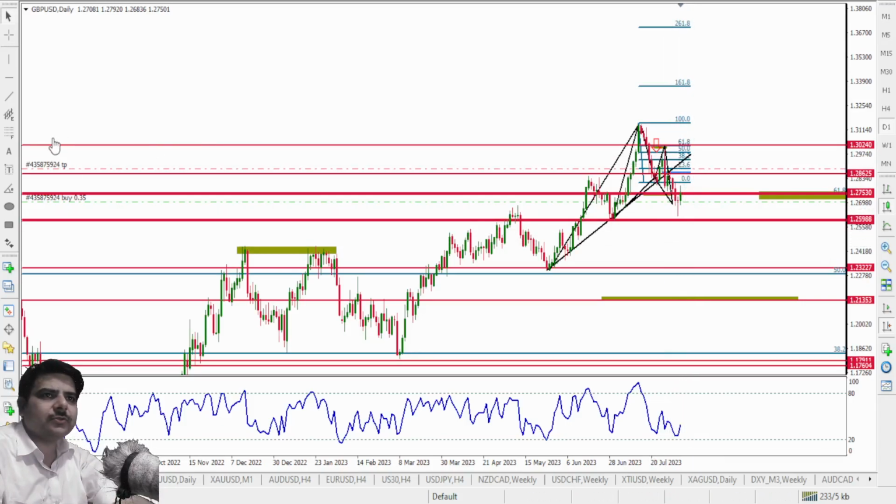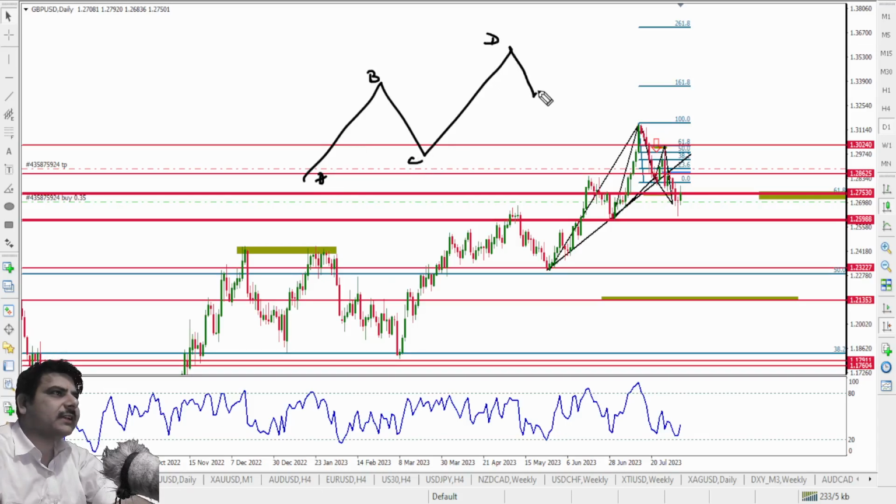I clearly mentioned that if it is doing this on a bigger scale, what it's going to do on a lower scale is this thing. Similarly right here, this is sort of like an ABCD pattern, and that's what we have got. So A, B, C and D, and similarly right here A, B, C and D.